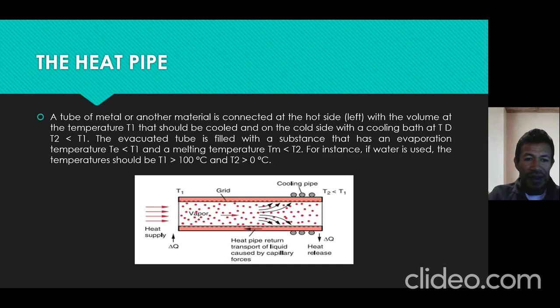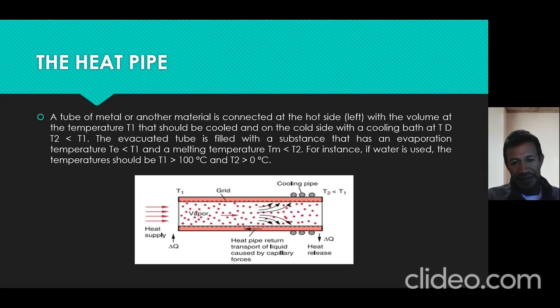The heat pipe. A tube of metal or another material is connected at the hot side, left, with the volume at the temperature T1 that should be cooled, and on the cool side with a cooling bath at T2, less than T1.